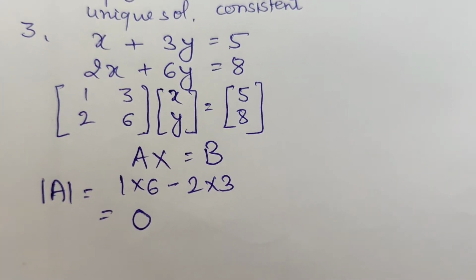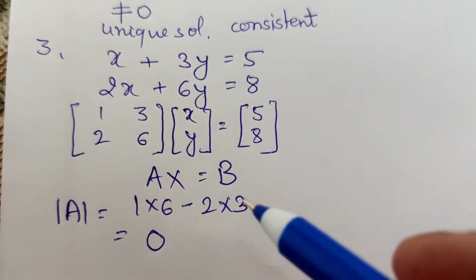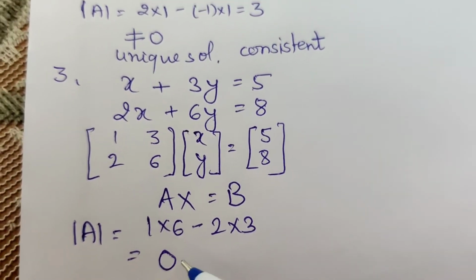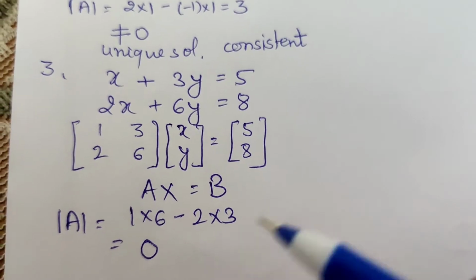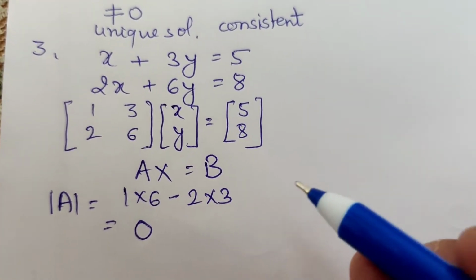Now find the adjoint of A. Since determinant A equals 0, it may be consistent or inconsistent: no solution or many solutions.